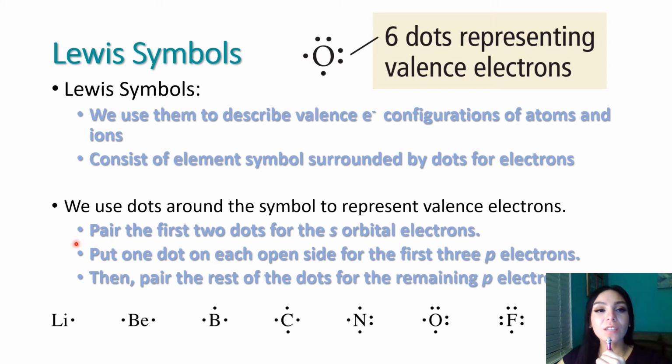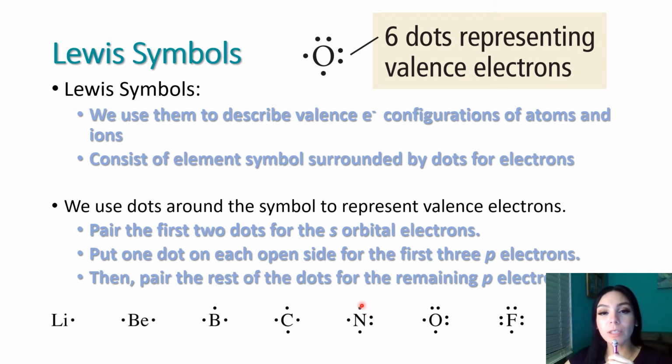There's a specific manner in which you place these electrons. Now, as you keep drawing Lewis structures, you're going to end up drawing a lot of these electrons as bonds, so you don't necessarily have to worry about it too much later on. But the customary way of doing this is you pair the first 2 dots as the s orbital electrons. So for example, in this nitrogen, these first 2 dots are the s orbital electrons.